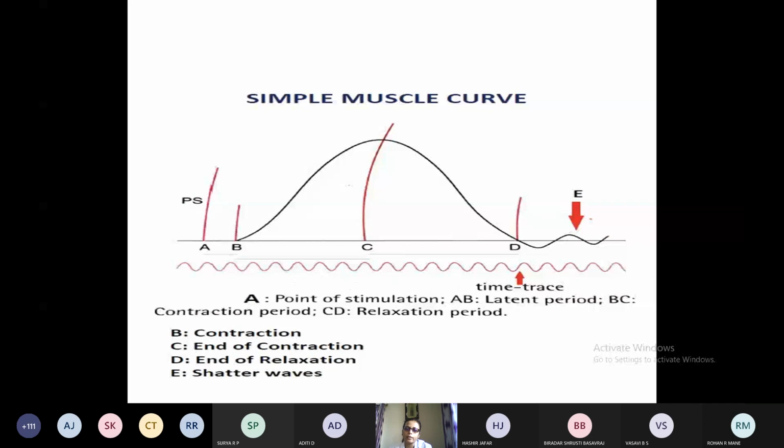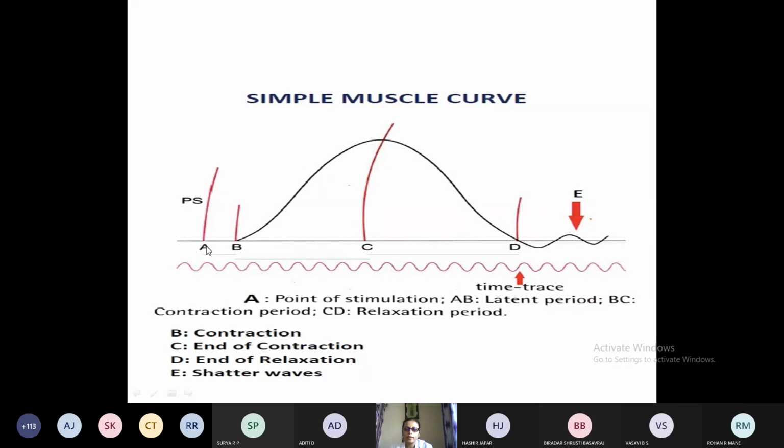If you are giving less than the threshold stimulus, the muscle will not be activated, and we will not get any curve or twitch. So the first and very important point is that whenever you are stimulating any nerve with the muscle, the stimulus should be up to the threshold strength. Are you clear with this point? The point A is showing the point of stimulation, where you are supplying the electrical stimulus.